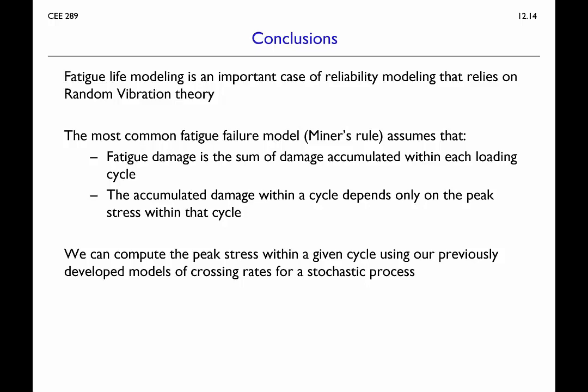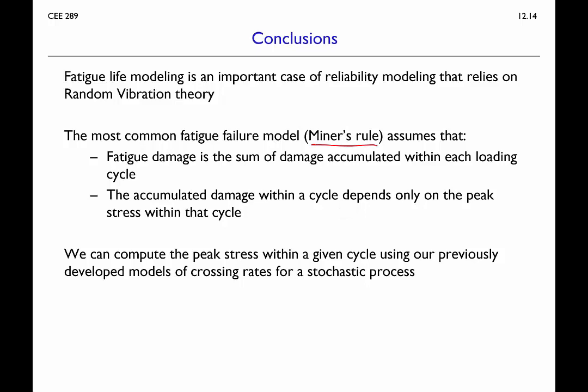So we took our random vibrations models, and particularly those crossing rates models, and we used those to try to move to a model for fatigue failure. The fatigue failure model we explored here is Miner's rule. This is the most popular and simplest model here.